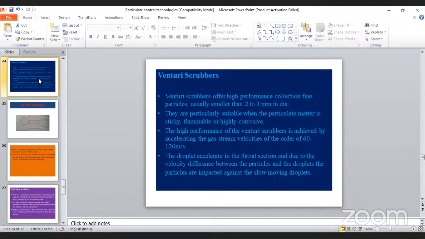Clear? Not clear? Yes, ma'am. Okay. So only after removing these toxic substances, for further cleaning or purification, you can use the cyclone separator.